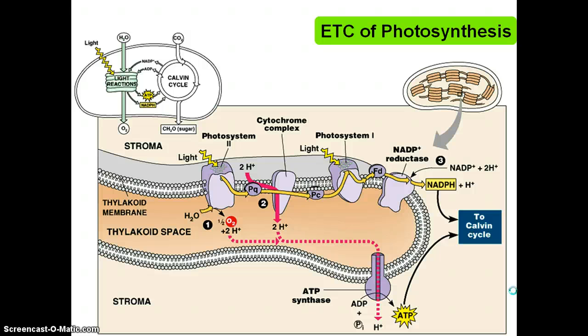So this is an overview of the electron transport chain in photosynthesis. We're going to break this down, but I wanted you to take a look at the overall reactions that are occurring. These are actually just a few of the reactions. It looks rather complicated, but in reality it's far more complicated because we have a lot of reduction oxidation occurring, as electrons are passed along from molecule to molecule until they ultimately get passed to the NADP plus molecule, making it an NADPH molecule instead.